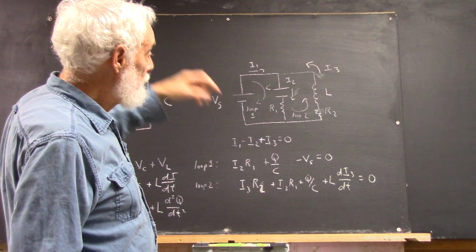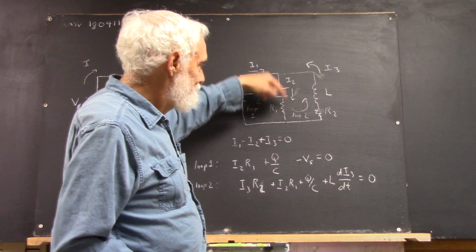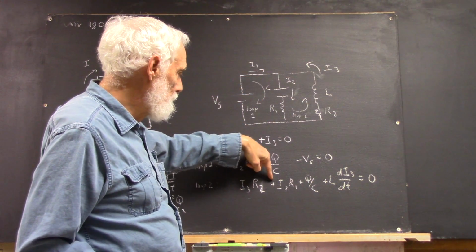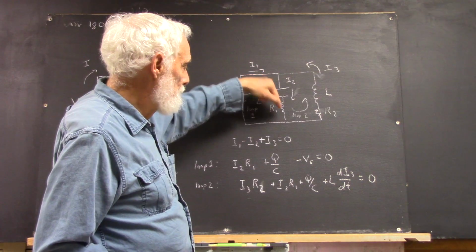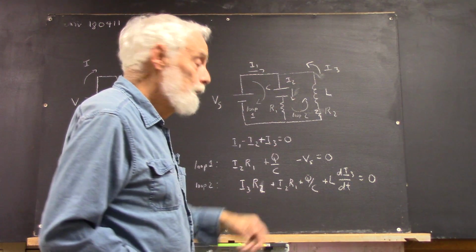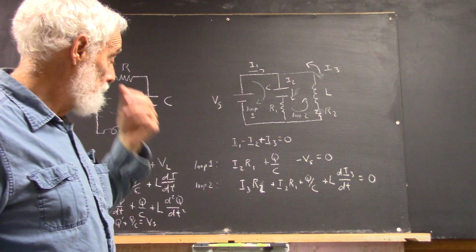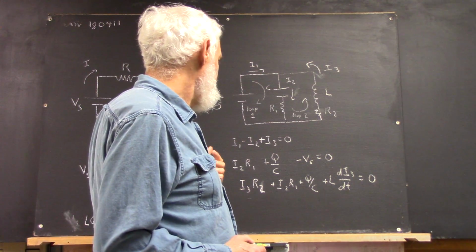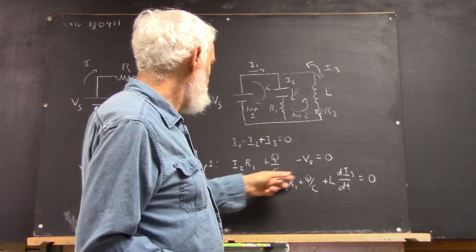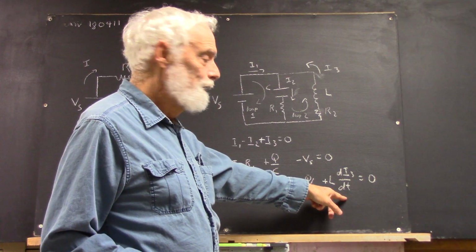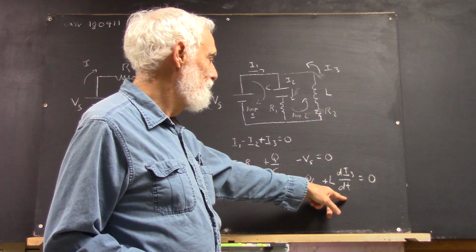Okay. Anyhow, then you have your I2 through the R1, which is a positive drop, and through the capacitor, which is also positive, right? So right there are our equations, but of course we've got our I1, I2, and I3 everywhere, except we've got dI3/dt, right?